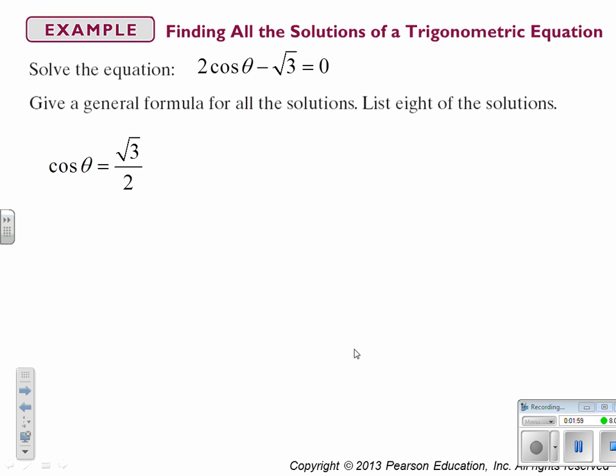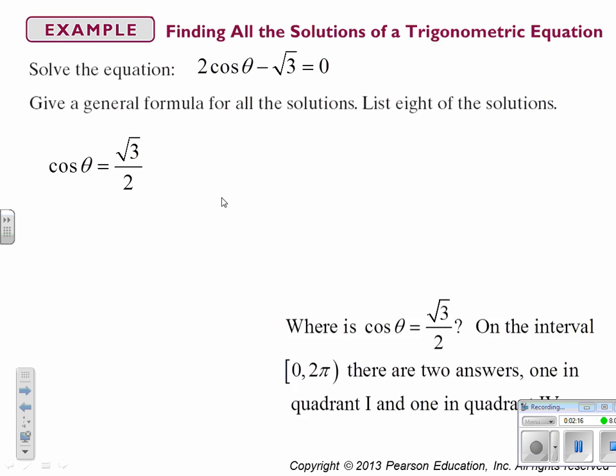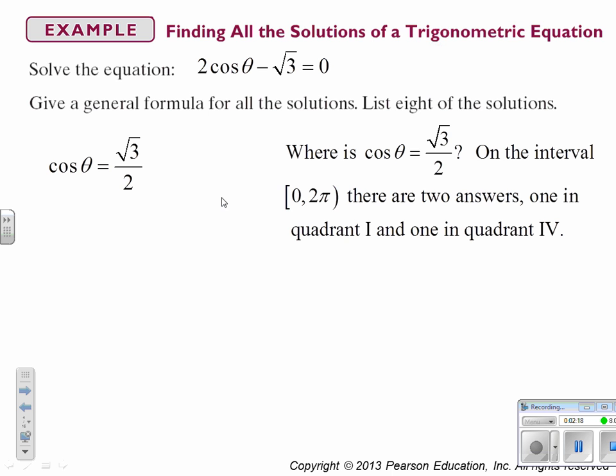So when I add root 3 to both sides, and I divide by 2, I get cosine of theta equals root 3 over 2. So we need to find all the places where cosine of theta is equal to root 3 over 2. When we look at our unit circle, there are 2 answers, one in quadrant 1 and one in quadrant 4.